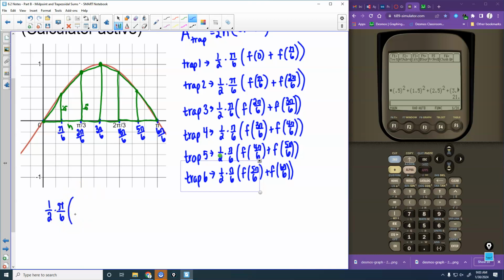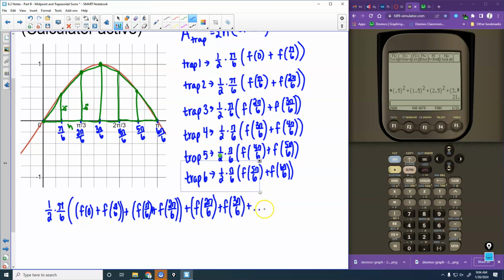And then I'm adding all this other stuff together, so I would have f of 0 plus f of pi over 6 plus f of pi over 6 plus f of 2 pi over 6 plus f of 2 pi over 6 plus f of 3 pi over 6.